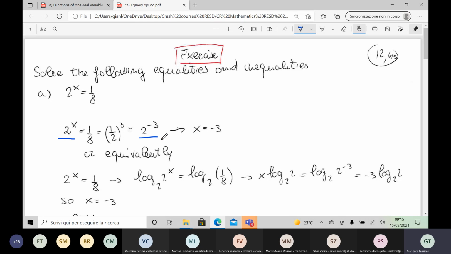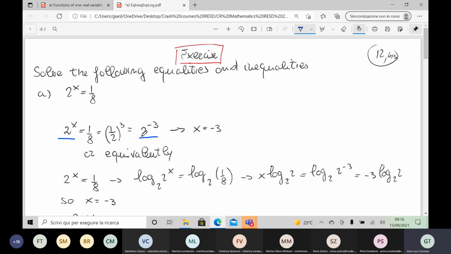If you look at this equation, the left-hand side is a power with base 2. The right-hand side is a power with base 2. Two powers with the same base are obviously equal if and only if their exponents are equal. So in this case, you can write directly x equal to minus 3.